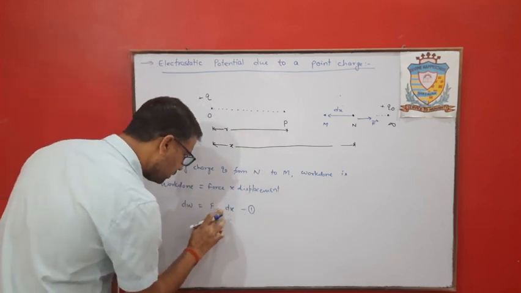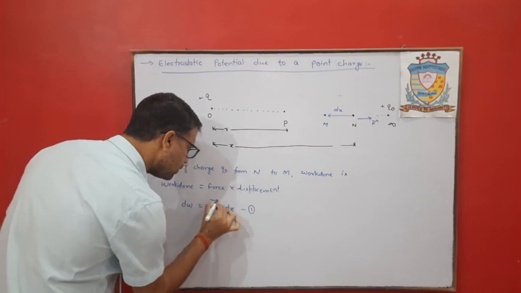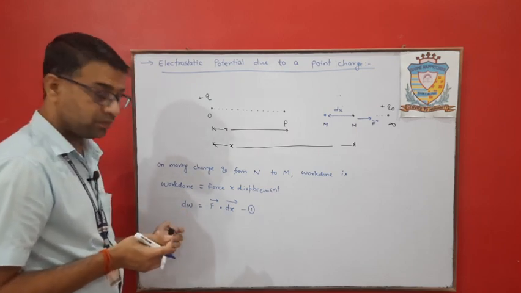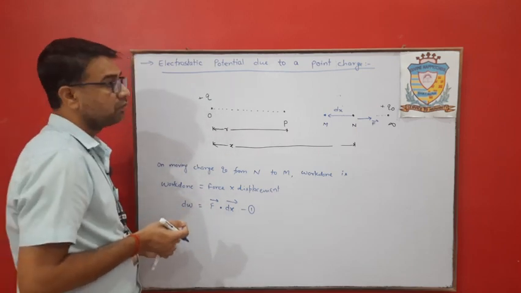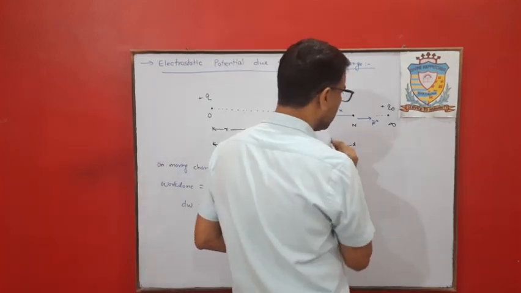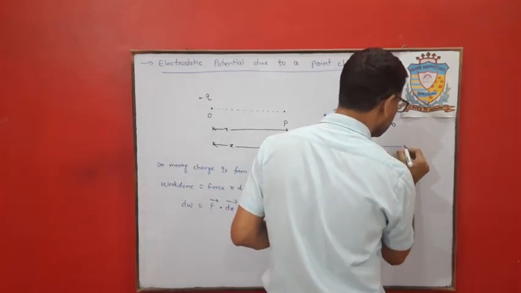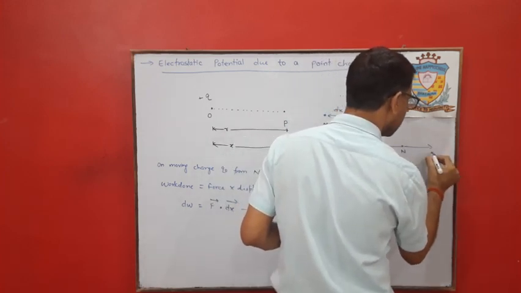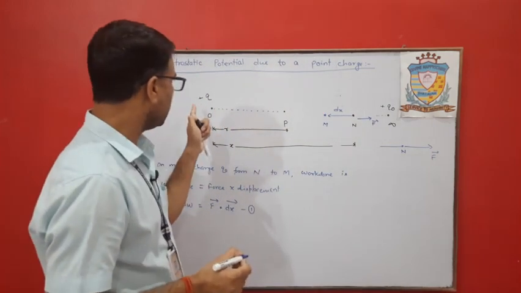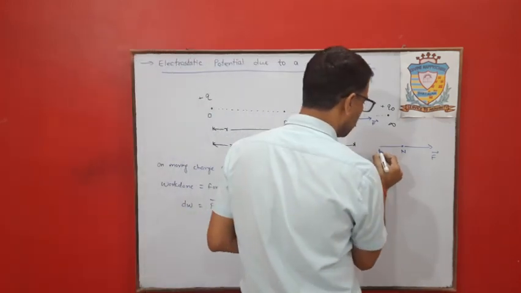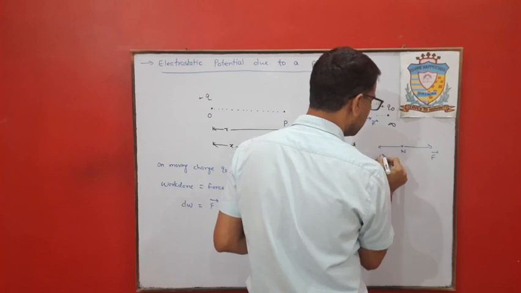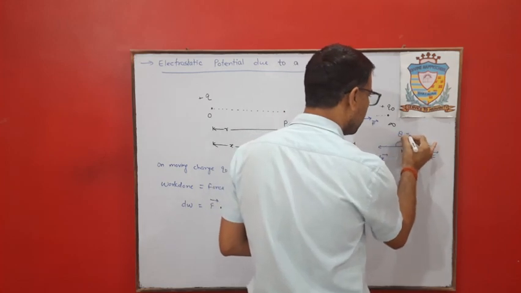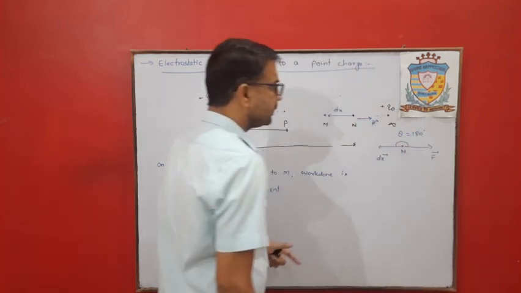These two are vector quantities, and this will be the scalar product, because this is work done. Here you can see this is the direction of force applied by the source charge on the test charge Q naught, and this is the direction of the displacement vector. So the angle between these two is 180 degrees.